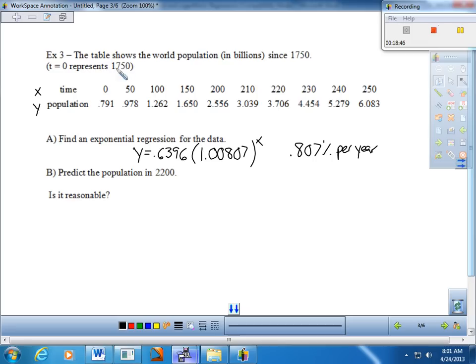If we started in 1750, I keep doing that, if we started in 1750 there, I'm looking at 450 for this. So an x value of 450. Let's go ahead and do exactly that piece: 0.6396. There's our b value, that magic growth rate, and let's raise it to the 450th.